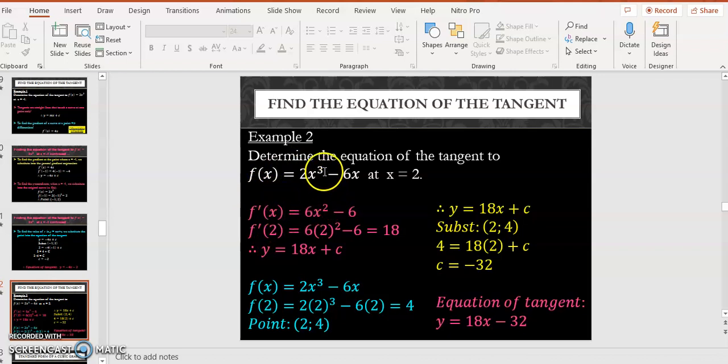So first derivative: 3 times 2 is 6, x to the power 3 minus 1 is 2. Minus 1 times 6 is 6, 1 minus 1 is 0. So if you follow the rule, 6x becomes 6. At this x value, we substitute 2 into it.